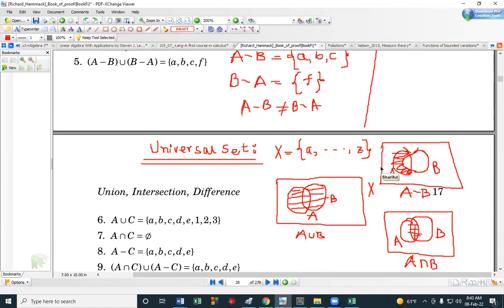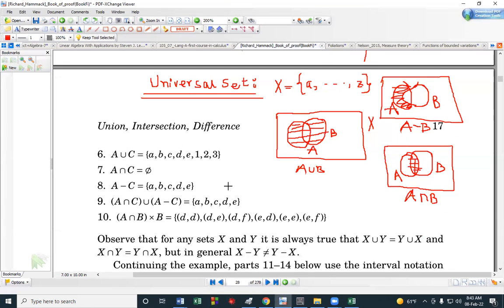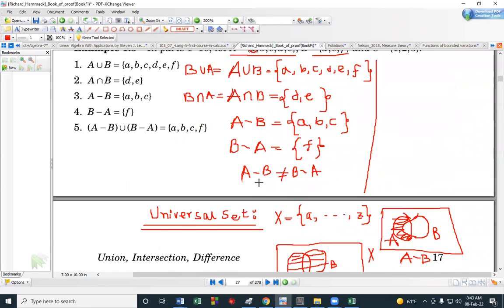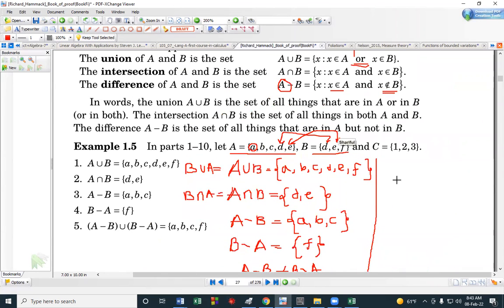So now let's define another operation: the complement of a set.